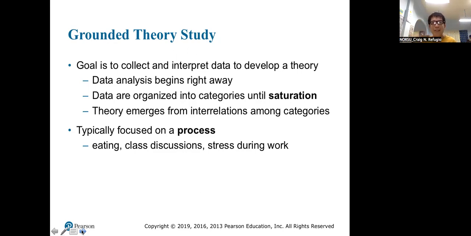And what is meant by data saturation? When you collect the data, then you collect another data, and you notice that the data are just repeated. The kind of data is being repeated. Meaning you get the same kind of data, the same kind of information.